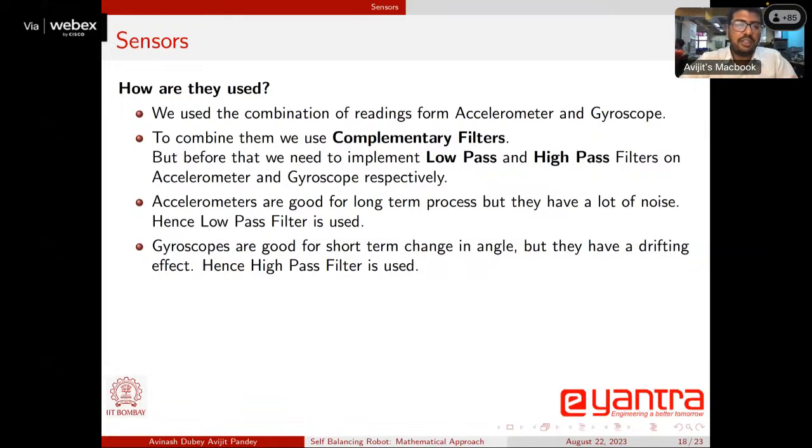So what we do, we pass the accelerometer reading to a low pass filter and the gyroscope reading to a high pass filter, and later combine the angle calculated individually by the accelerometer and gyroscope through a complementary filter.